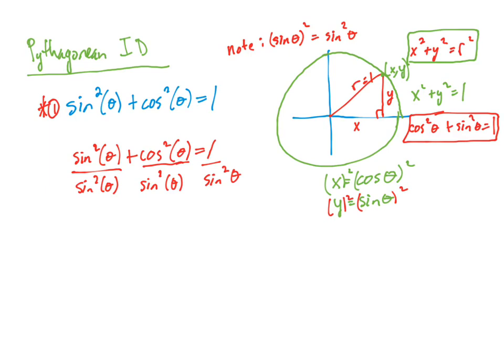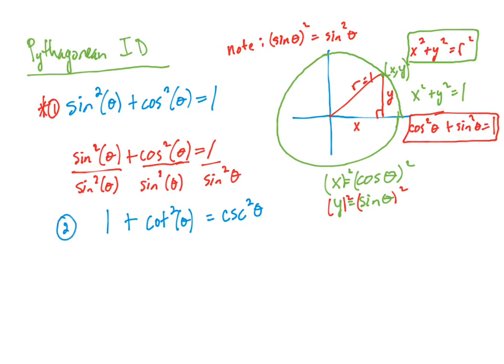Okay, so this first term, sine squared divided by sine squared, is going to be 1, plus cosine divided by sine, well, that is the reciprocal of tangent, so that's going to be cotangent. And then 1 over sine squared. Well, the reciprocal of sine is cosecant, so it's cosecant squared. So this is the second version of the Pythagorean identity.